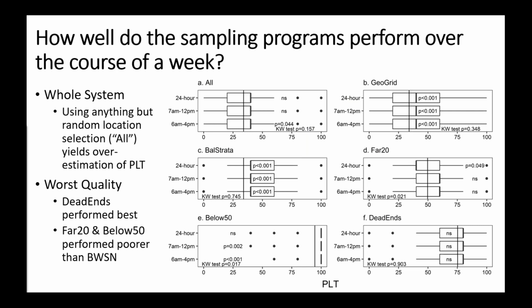So what do we see? We see again that for the whole system, the all case does a lot better than the GeoGrid and the balanced stratification. But then for worse quality, we see the dead end still performs well, but the FAR 20 and below 50 did not perform as well as they previously did.